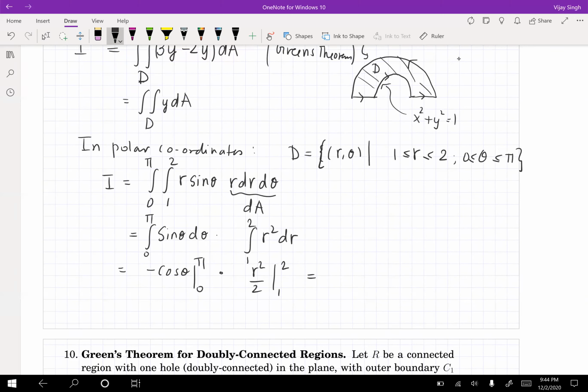The first part is minus cos pi plus cos 0, which gives me 2. The second part is going to give me 2 cubed minus 1 cubed by 3, which is 7 by 3.